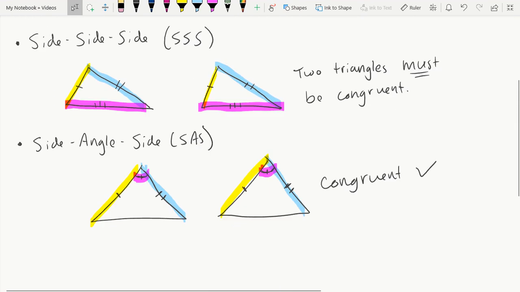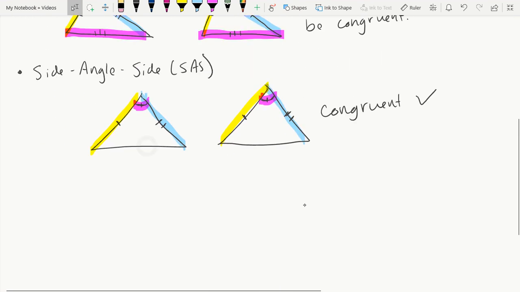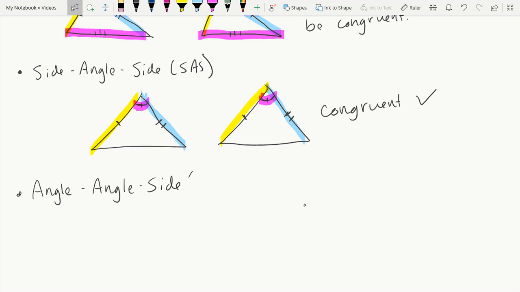Actually, let's see what I had up here. I had angle, angle, side. So angle, angle, side, which is AAS. Now, the order doesn't really matter. So you certainly could do SAA, side, angle, angle, and angle, angle, side are the exact same thing. All right, so let's draw two triangles again.